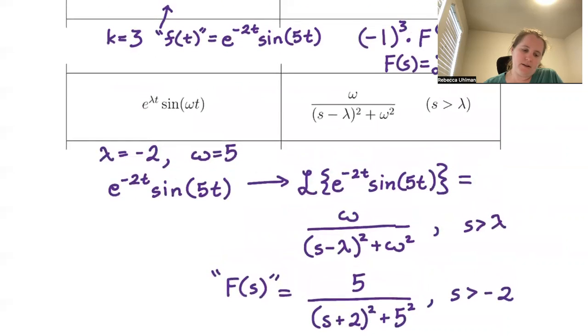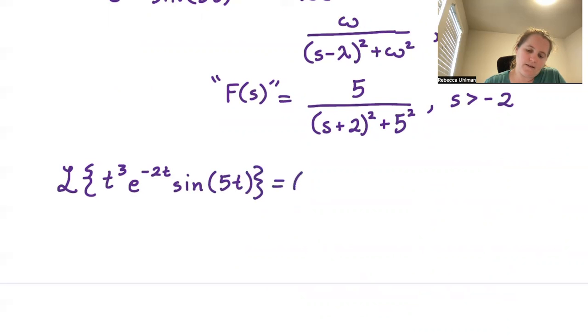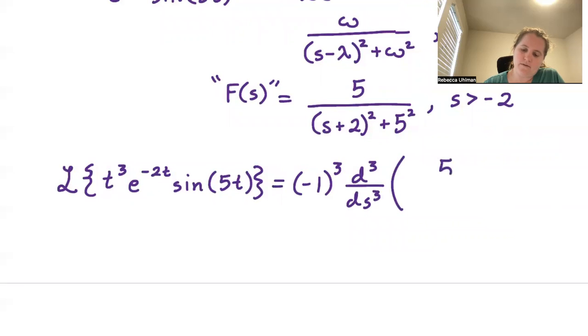So to find now our Laplace transform of t cubed e to the negative 2t sine of 5t, this is negative 1 cubed times the third derivative of that 5 over s plus 2 squared plus 5 squared.